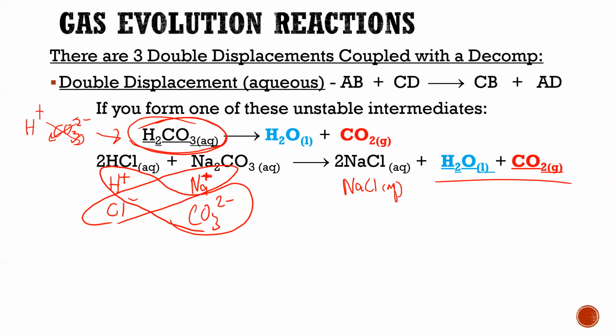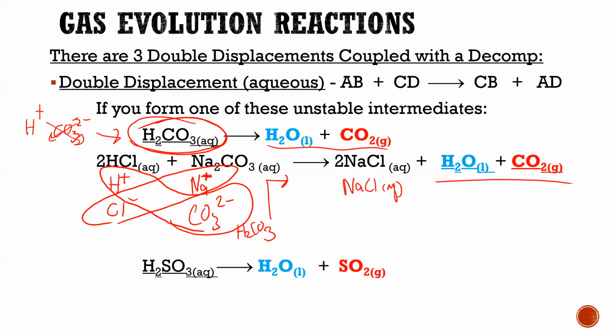So the carbonic acid, once it's produced in this double displacement, is no longer stable and it decomposes. So I get that. And where do I see that? Again, if I produce a sulfite or a bisulfite, like in the case of sulfurous acid or ammonium hydroxide.